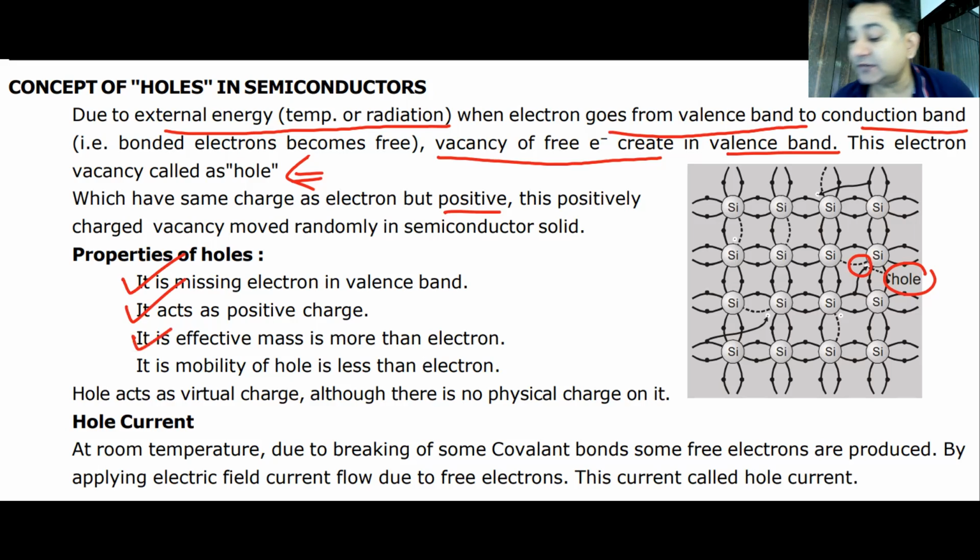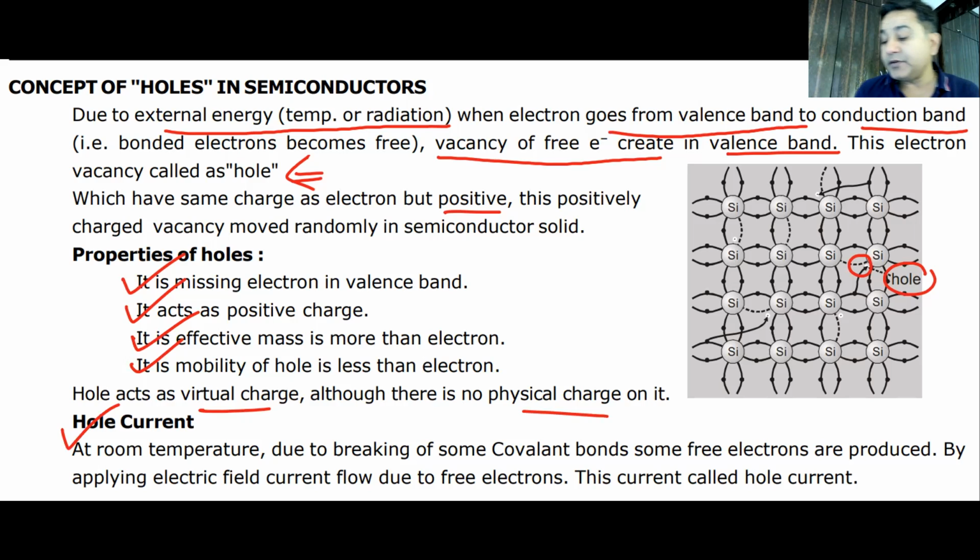Its effective mass is more than that of an electron. Remember this. Mobility is less than this. It is a virtual charge. There is no physical charge. We understand this. Yes, sir. Those are the properties of a hole, and then we have hole current. What is hole current? Same thing.